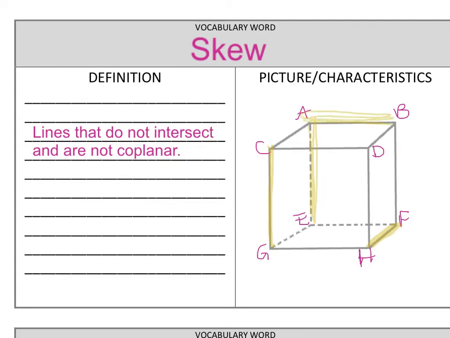AB and FH are skew. CD and FH are skew. Just all those to the segment FH.